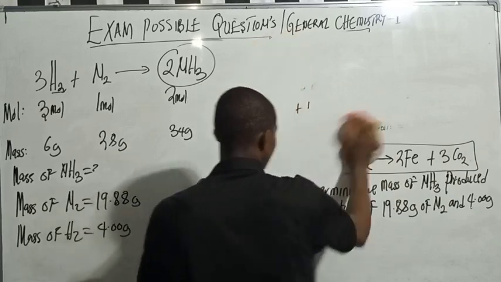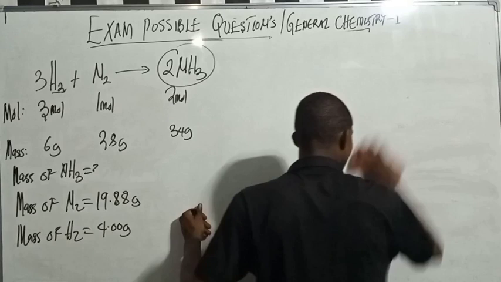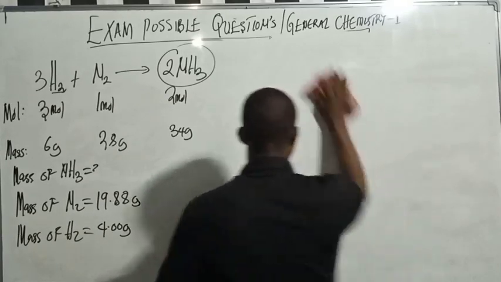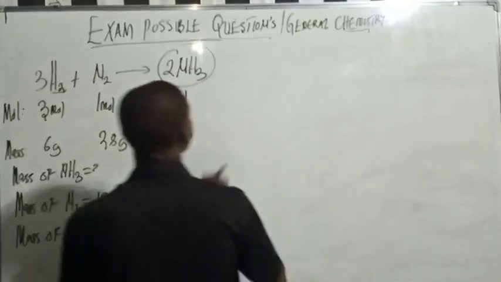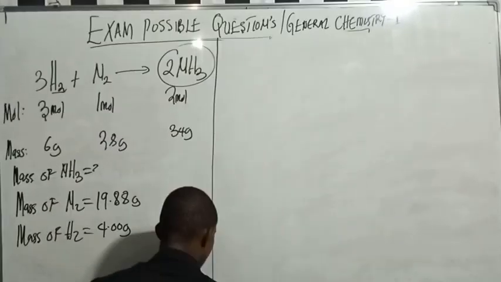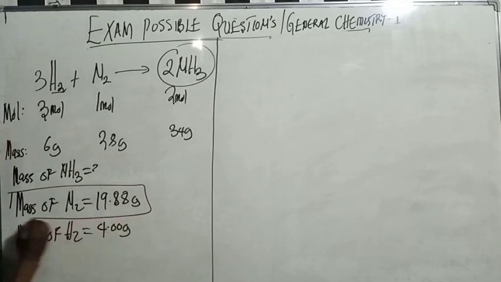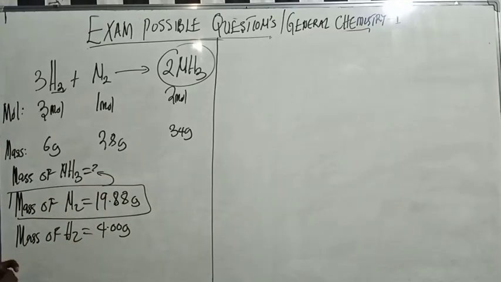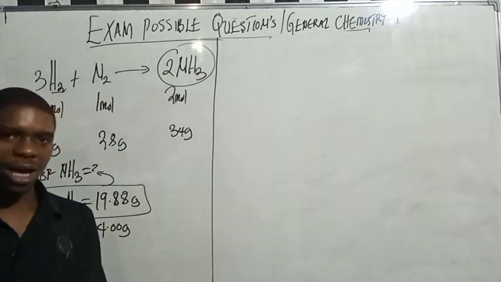So I'm wiping out. The next thing I want to do is to use the mass of this guy here to calculate the mass of NH3 and the mass of H2. That is the first thing we want to do using the method we have done.